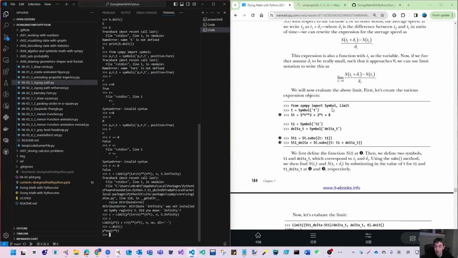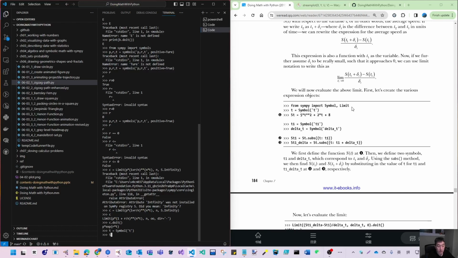So what we need to do is define time. The time symbol is t, and then we have s(t), capital S, small t. So s(t) is 5 times t squared plus 2 times t. Don't use 2t, because that is not valid.